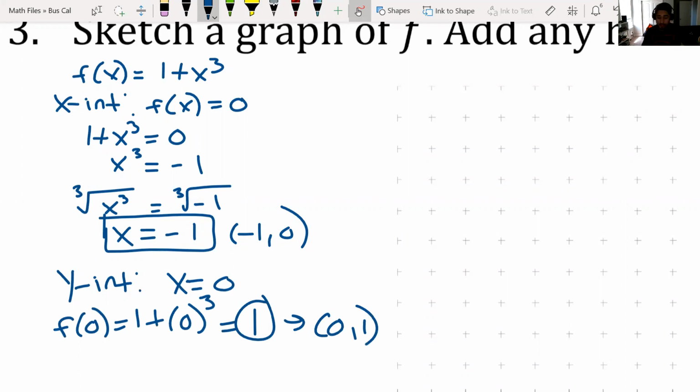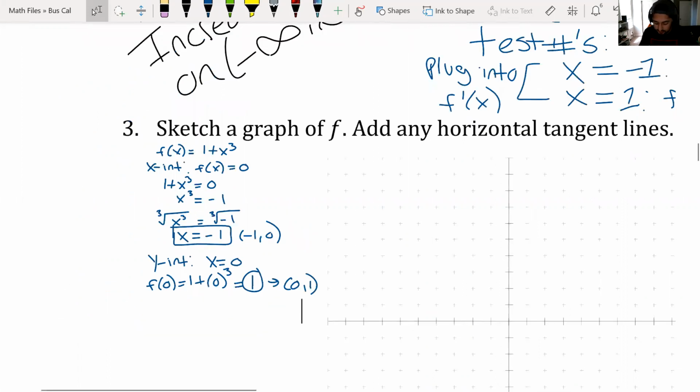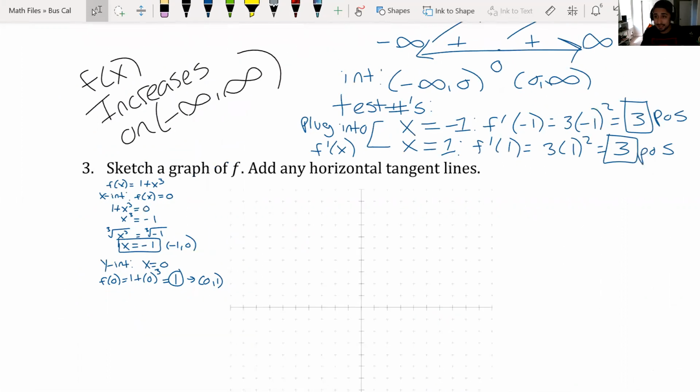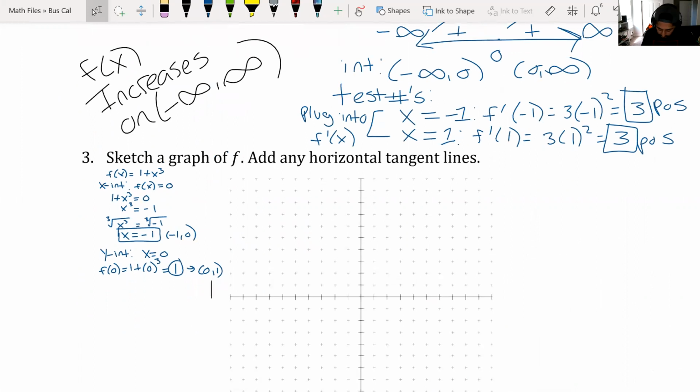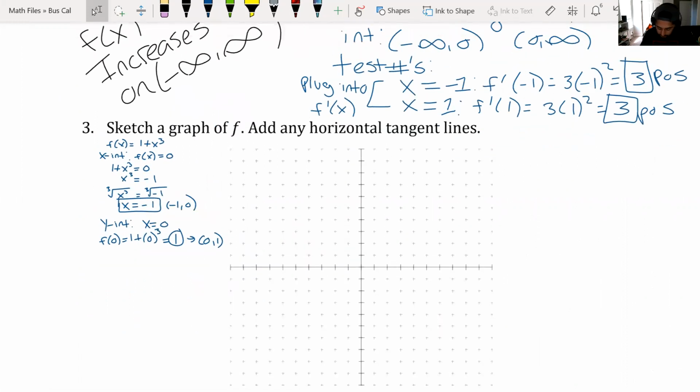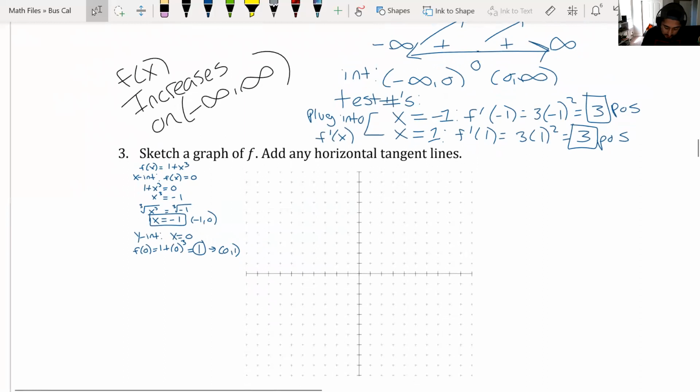Okay, now we have all the pieces we need. Let's go ahead and graph this using the x-intercepts, y-intercepts, and the sign chart above. Okay, I'm going to plot the x-intercept at negative 1, 0, so right there. Y-intercept at 0, 1, right there. And now let's follow the sign chart.